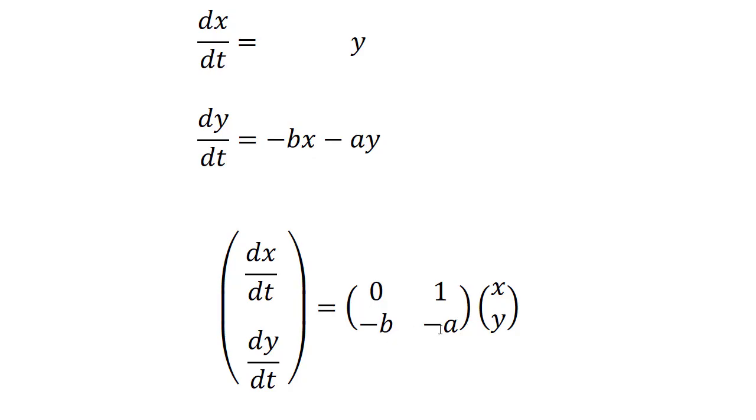And so they told us A and B were 18 and 77. And so we do eigenvalues and eigenvectors. You should know how to do that. You should be able to rattle that off. And I think they told us the eigenvalues were -7 and -11, and you just had to use the method to find the eigenvectors.